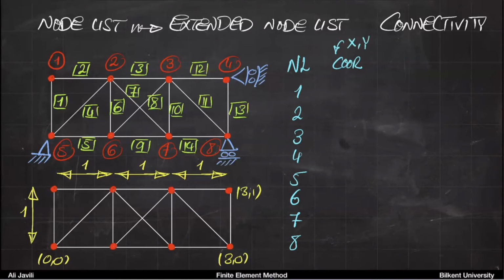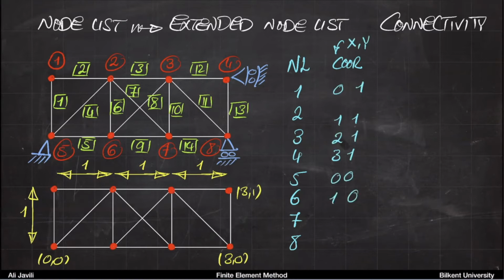And if you put the information you have here, for instance, node 1 is 0, 1. Node 2 is 1, 1. If I just keep doing that, node 3 is 2, 1. Node 4 is 3, 1. Node 5, 0, 0. Node 6, 1, 0.